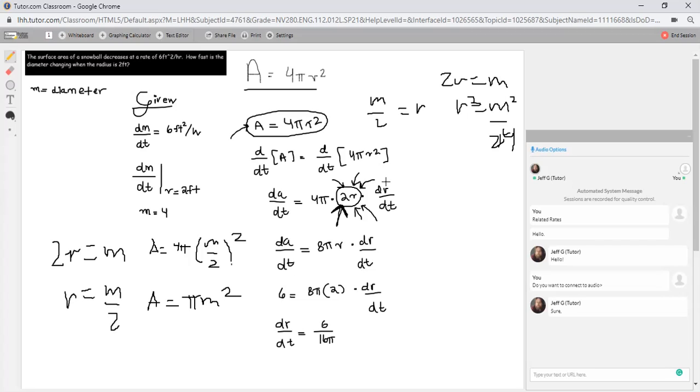But I just have one question before we continue taking the derivative of A equals pi m squared. It's asking us how fast is the diameter changing when the radius is 2 feet. So where would you plug in r equals 2? Well, when the radius is 2, the diameter would be 4.